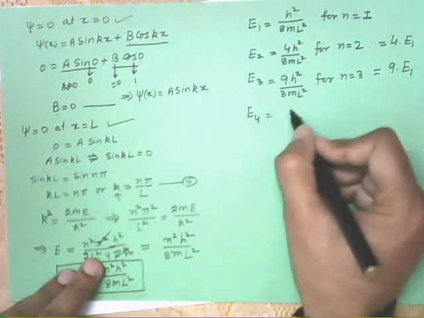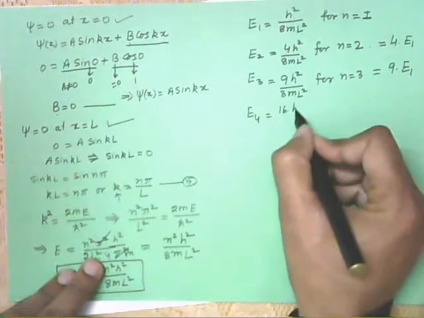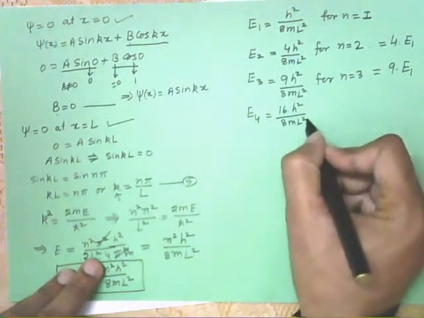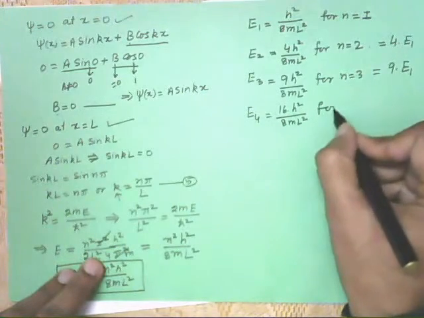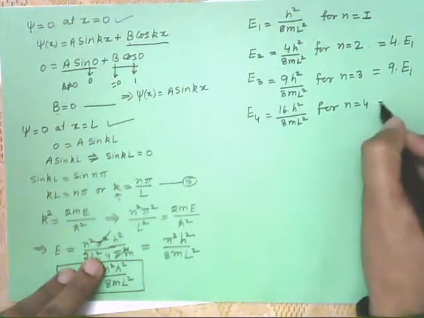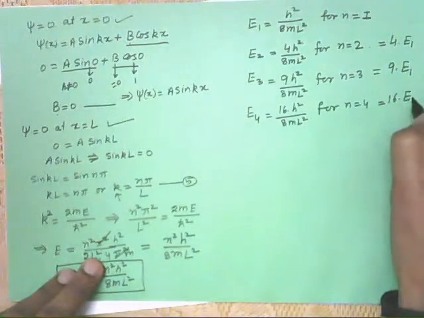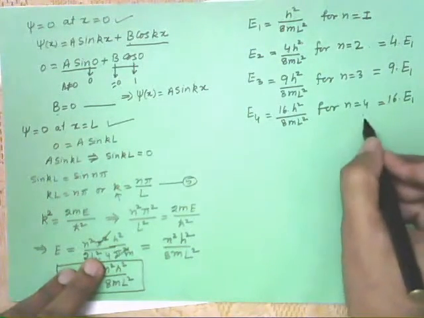So E4 is equal to 16h square upon 8mL square for n is equal to 4, and this is 16 times the ground state energy.